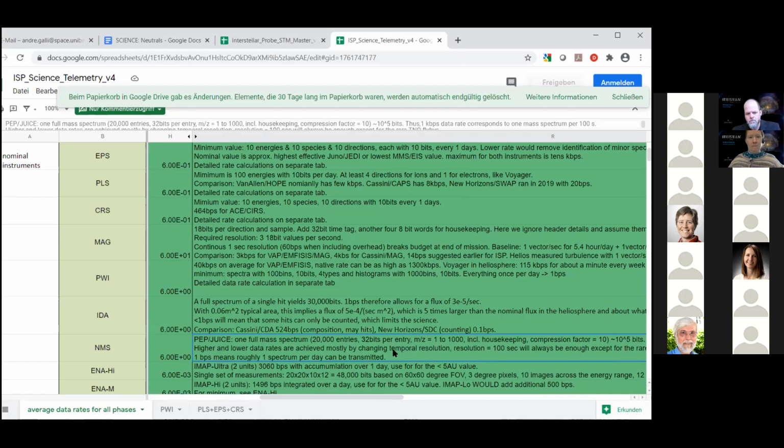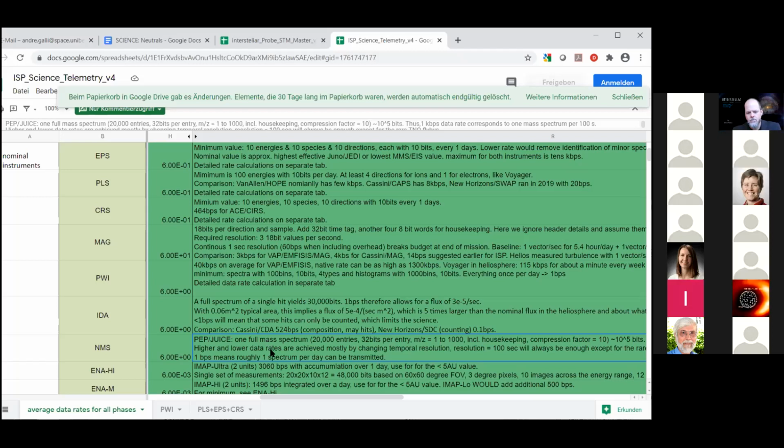Basically, 1 bit per second means roughly 1 spectrum per day can be transmitted. I mean, 1 spectrum that meets all the criteria, with masses from 1 to 1,000 at a high enough mass resolution, including a little bit of housekeeping data. 1 bit per second basically means 1 spectrum per day.